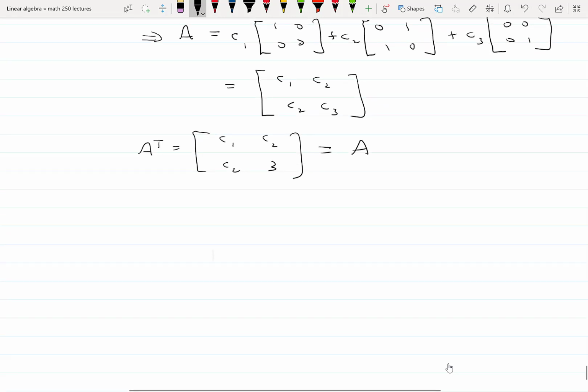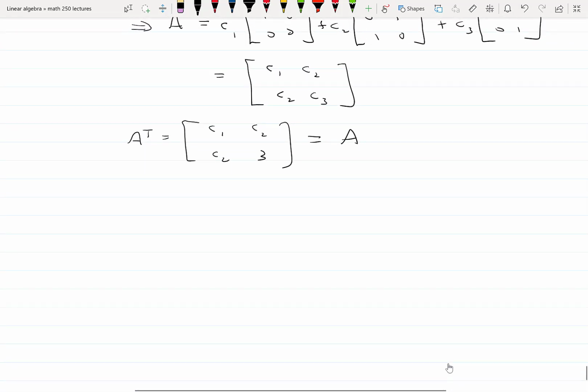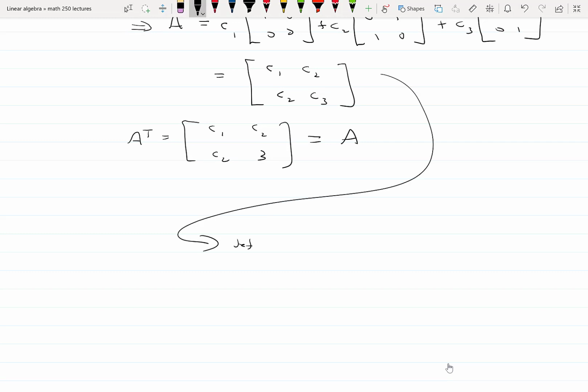This set is nothing more than a set you've seen before. This set is the set of all, do you recognize them? 2 by 2 symmetric matrices. What we've shown is that the set of all 2 by 2 symmetric matrices is a vector space.